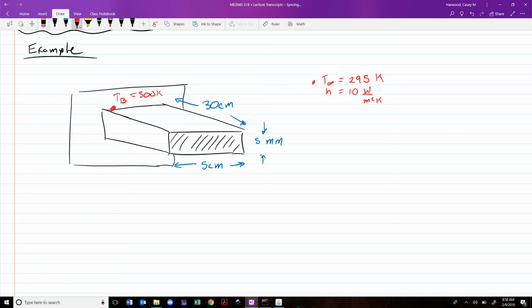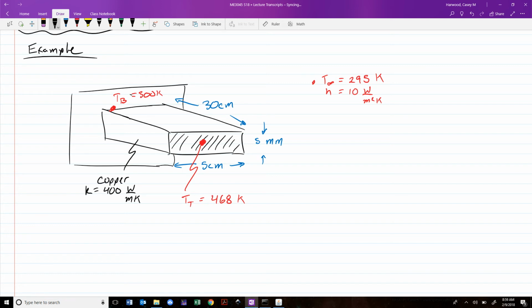And let's say that we have attached a thermocouple to the tip of this bar, and we know that it has a tip temperature of 468 Kelvin. And sorry, I should mention that it is made of our favorite material, copper, which has a conductivity of 400 watts per meter Kelvin.